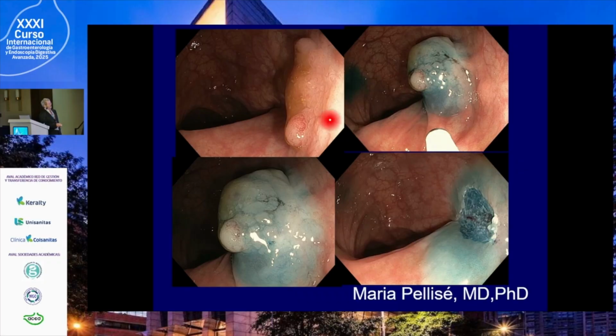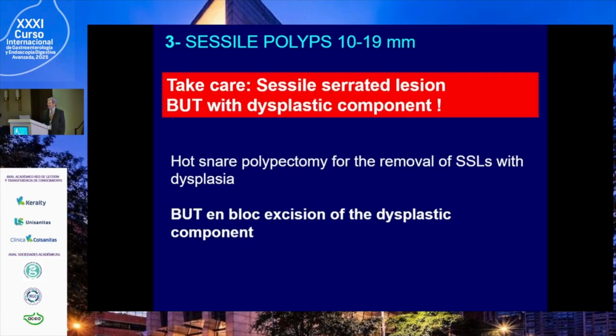Okay. So, for example, this is a sessile lesion, even with a small focus of adenoma, and complete resection R0. So in this case, when you have a dysplastic component, you should remove en bloc, okay? And no more piecemeal, finish. No more piecemeal. Because there is a risk that the patient will recur with maybe a cancer, okay?